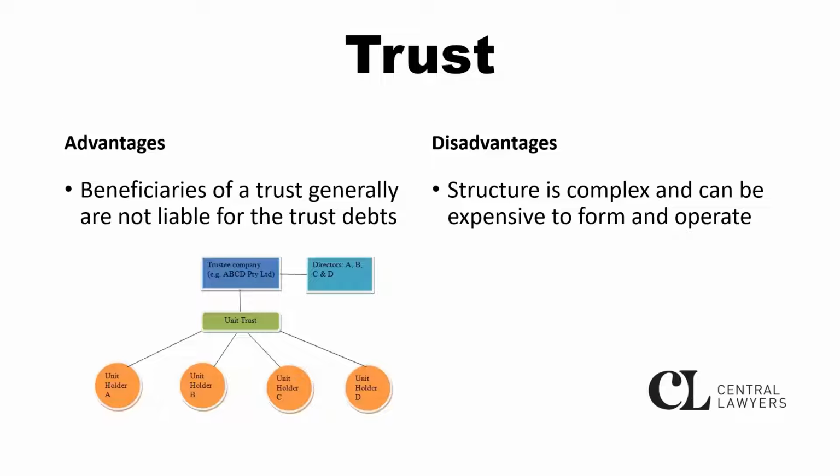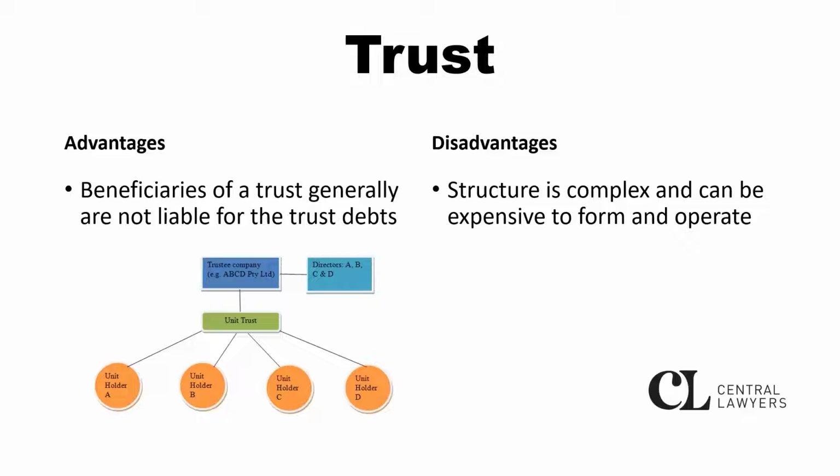Let's go to trusts. Now, trusts are a little bit more complicated. I won't spend too much time on it, but the advantages are that the beneficiaries of a trust are generally not liable for the trust debts. Usually there is a company that's created as well, and that can give you the benefits, as we're talking about with the company, of limited liability in some way.